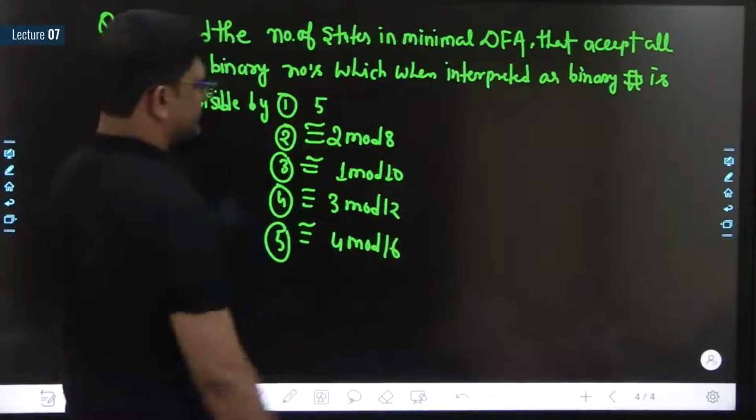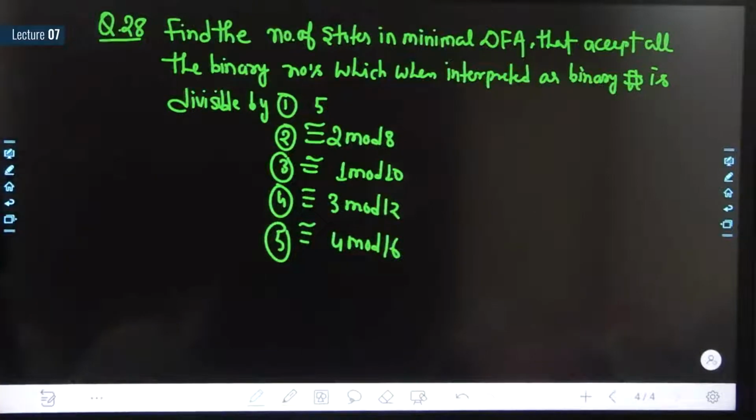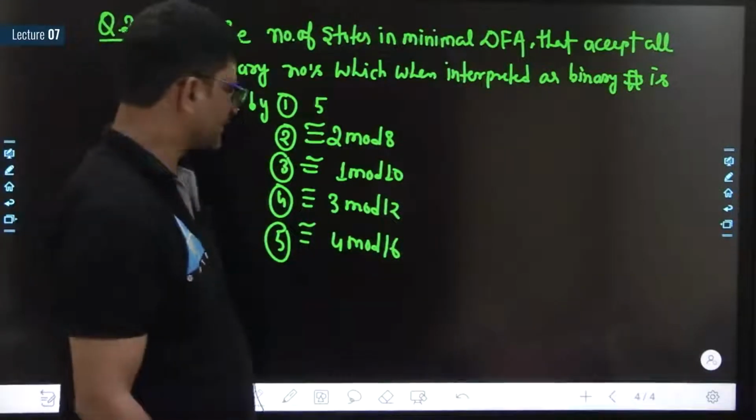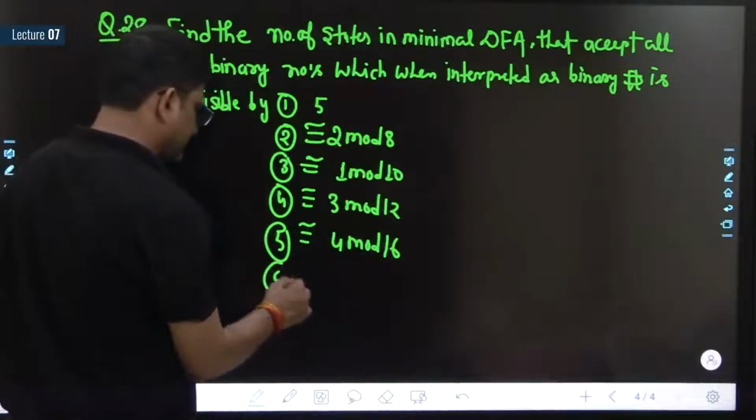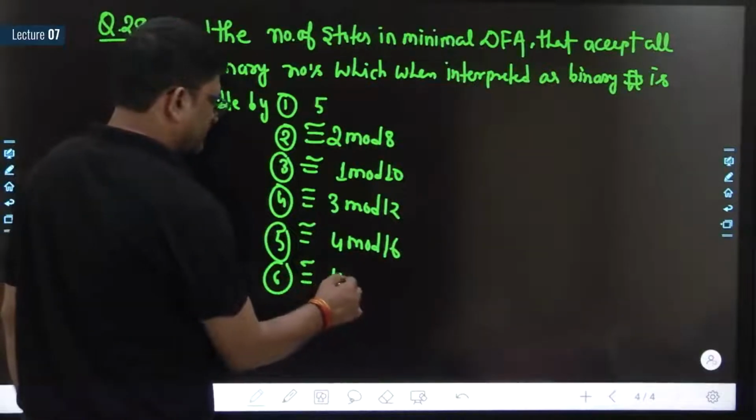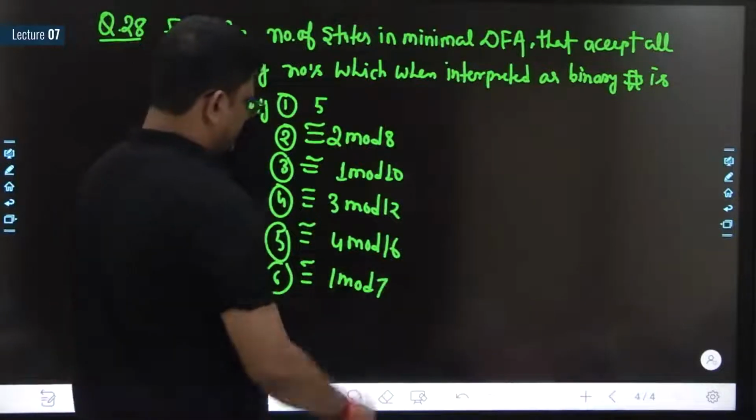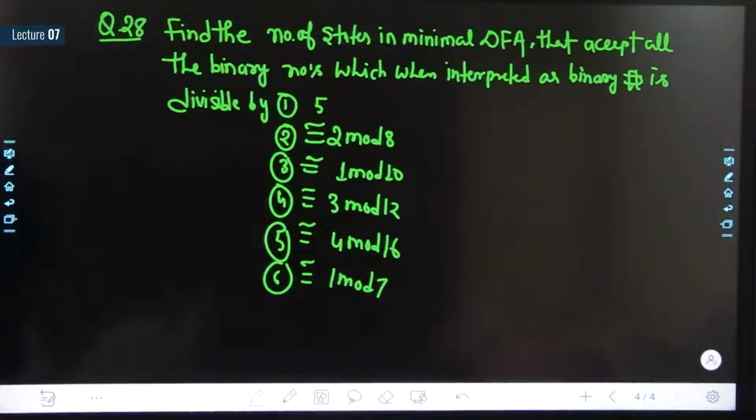Find the number of states. Another question, 1 mod 7. Try to do this fast.